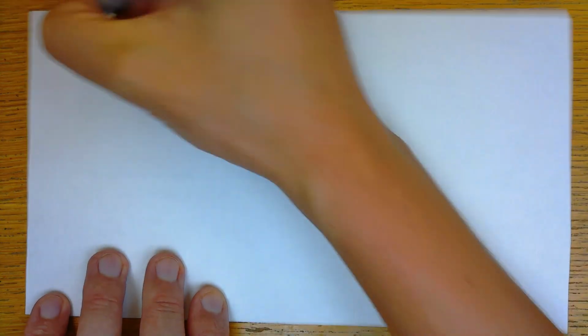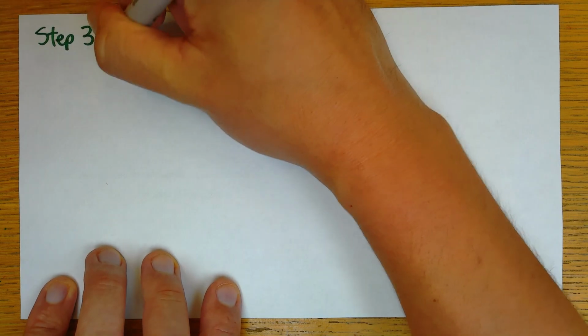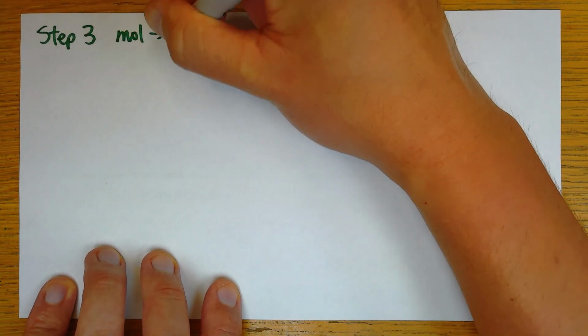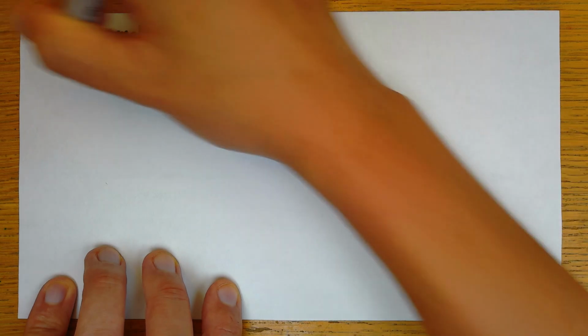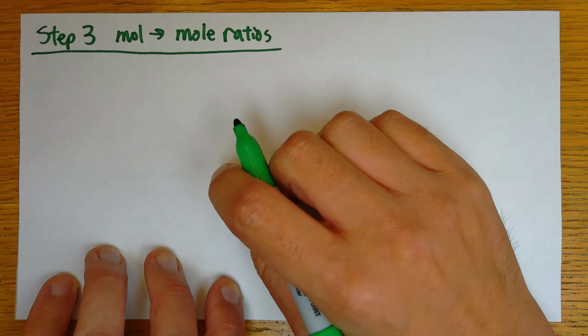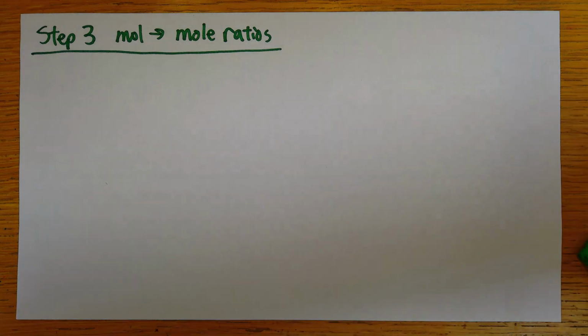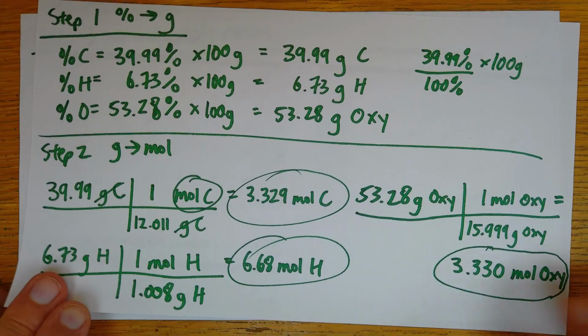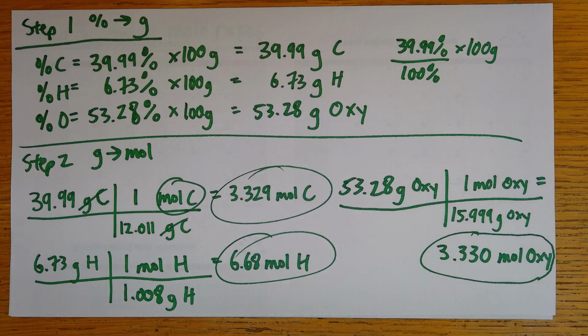So step 3, we will turn our moles into mole ratios. All right, so what you need to do here is revisit your previous calculations. And in order to get mole ratios that are easy to understand, it is easiest for you to find the smallest number.